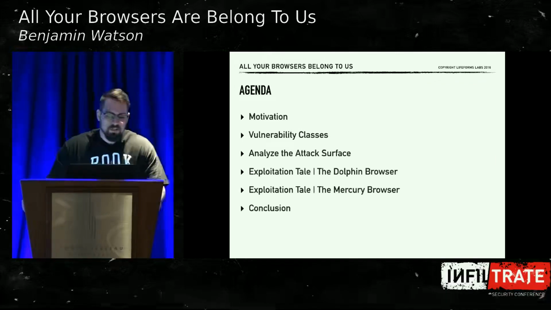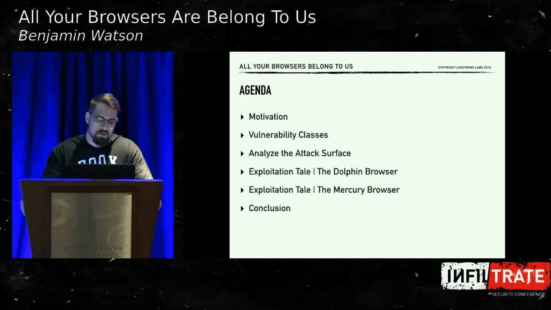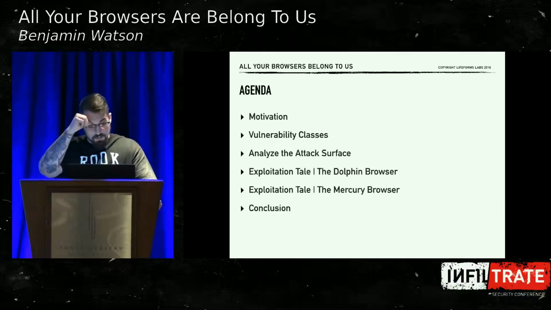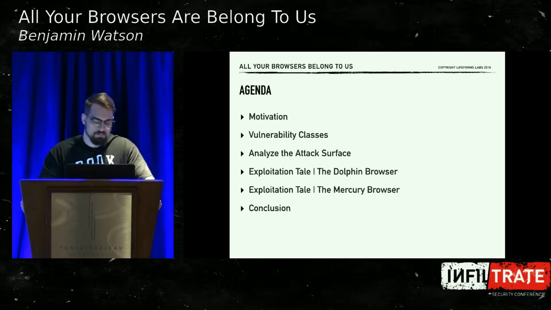So today's agenda, I'm going to be going over some of the motivation that I have personally for doing a whole bunch of vulnerability research around Android web browsers. We'll look into some of the vulnerability classes that I used to present the output of that research that have always existed.